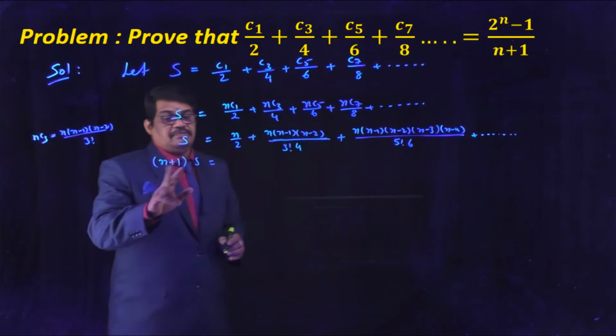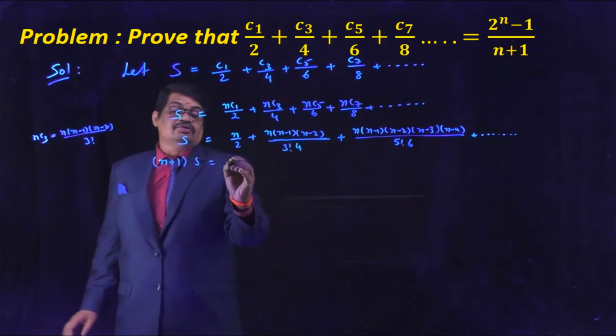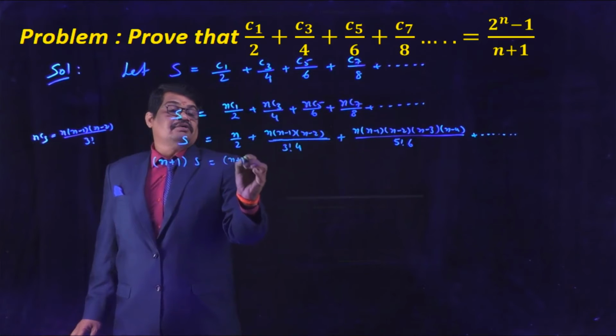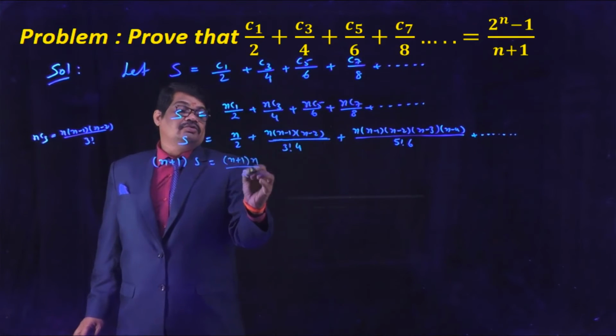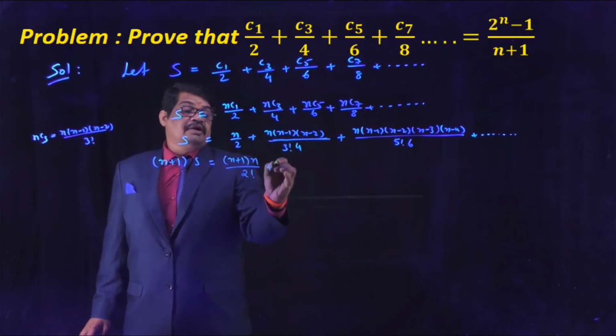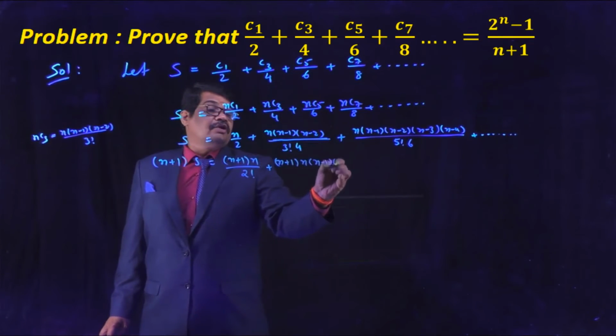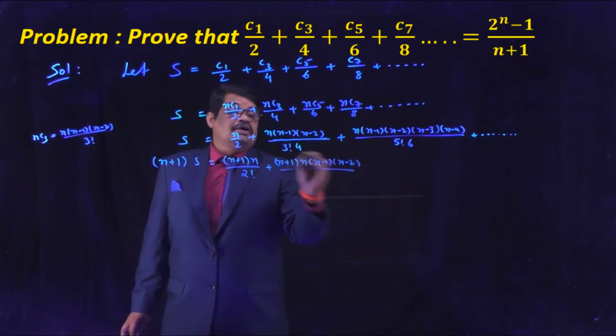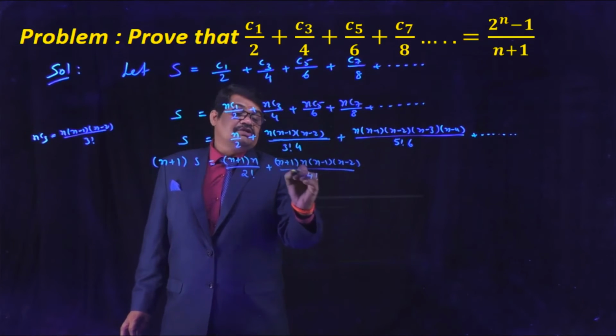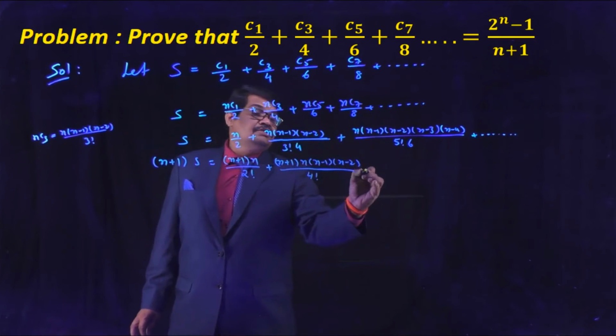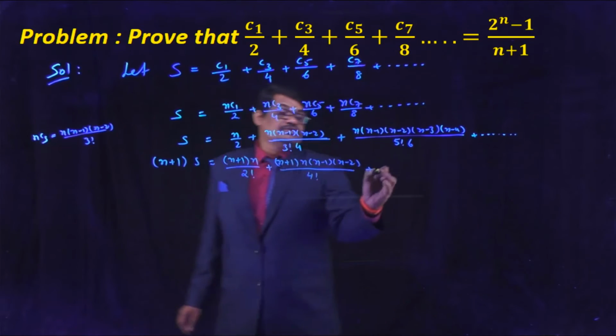In the LHS, n plus 1 into S is equal to n plus 1 into n by 2 factorial, next n plus 1 into n into n minus 1 into n minus 2 by 4 factorial, and so on.